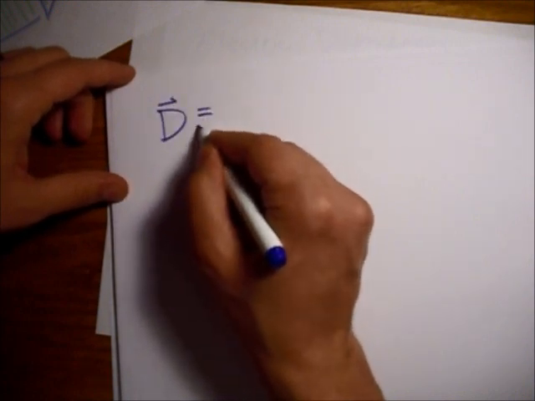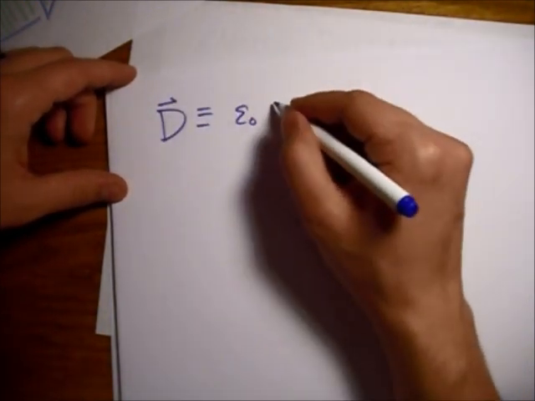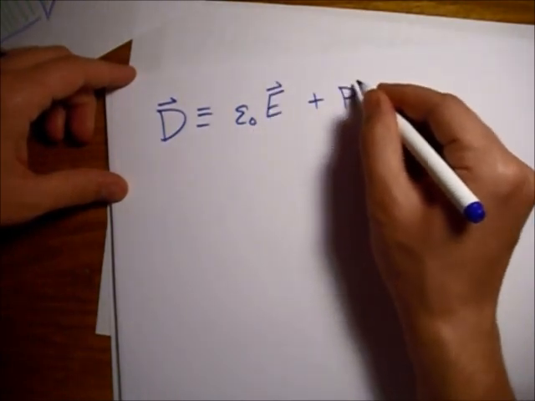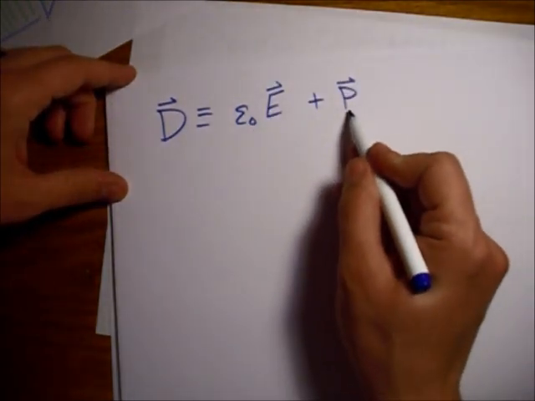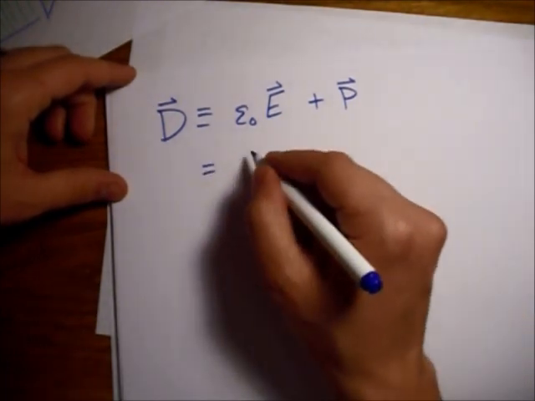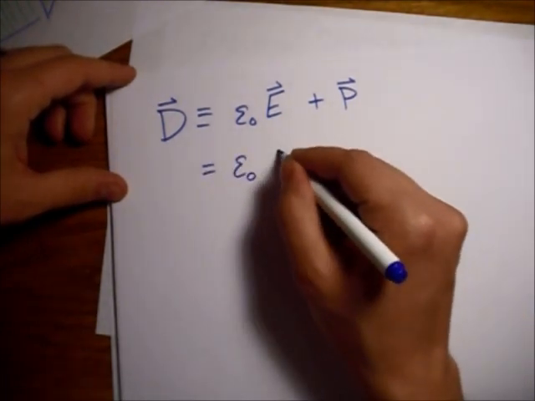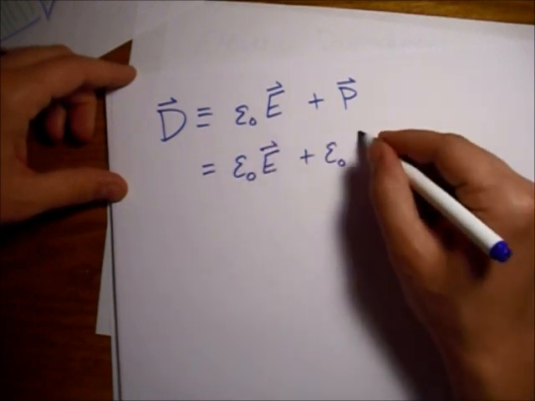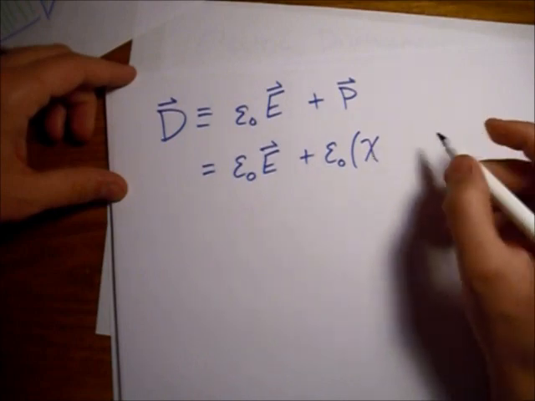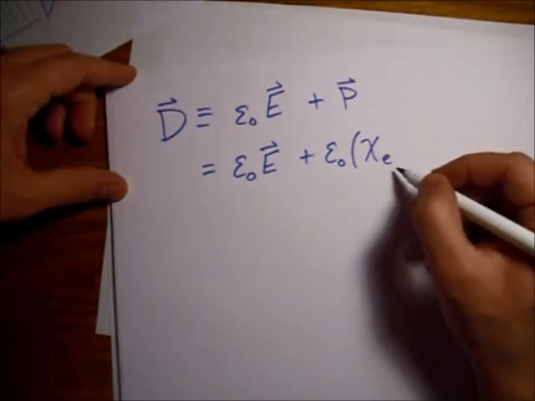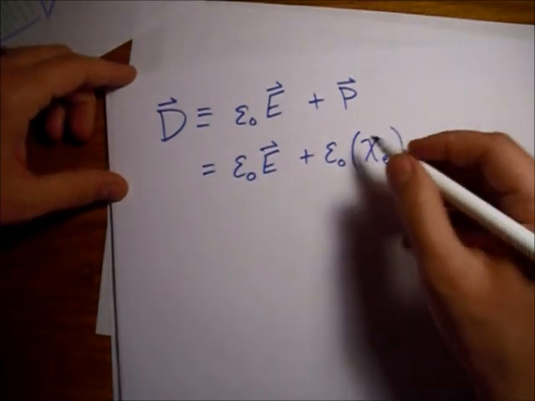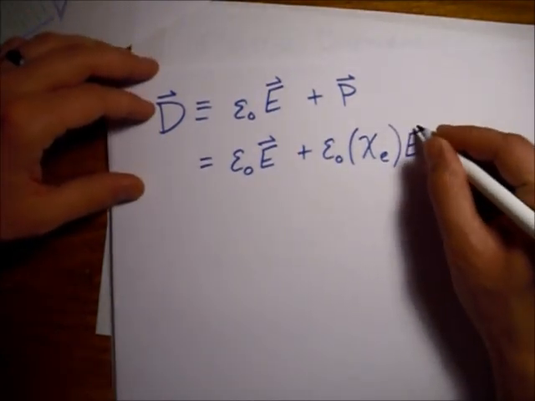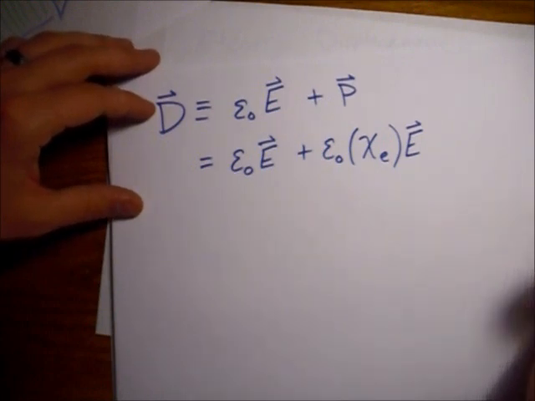our displacement, which is defined as epsilon naught multiplied by the electric field plus the polarization. Because these are linear dielectrics, we can write the polarization as epsilon naught times the electric susceptibility of whichever dielectric we're looking at, and it's proportional to the electric field.